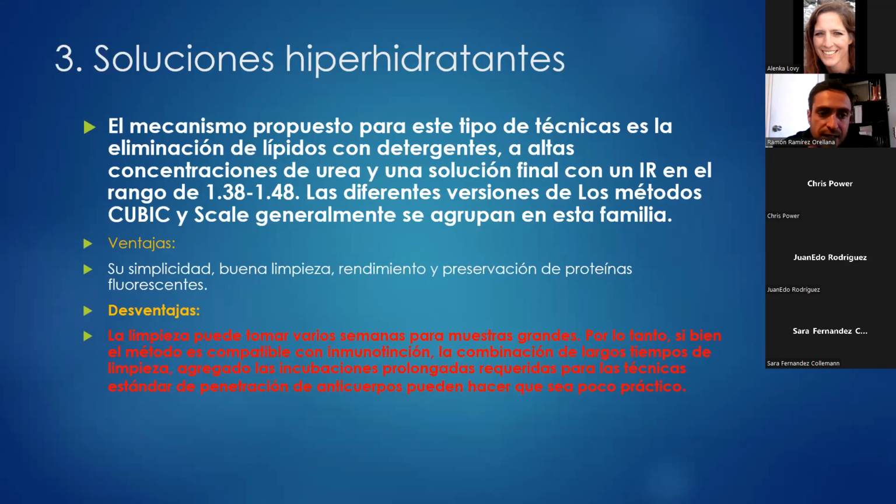La desventaja es que la limpieza puede tomar varias semanas para muestras grandes. Por lo tanto, si el método es compatible con la inmunización posteriormente, la combinación de largos tiempos de limpieza es su limitante, ¿ya? Agregado que cuando uno hace la inmuno luego, también requiere de bastante tiempo.